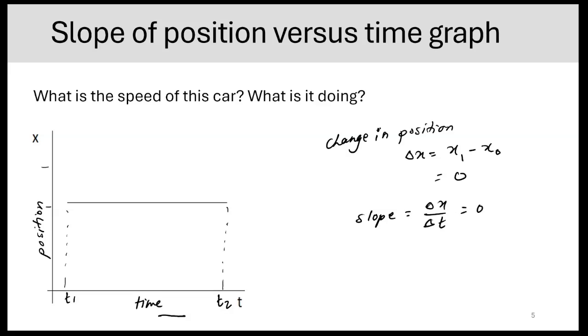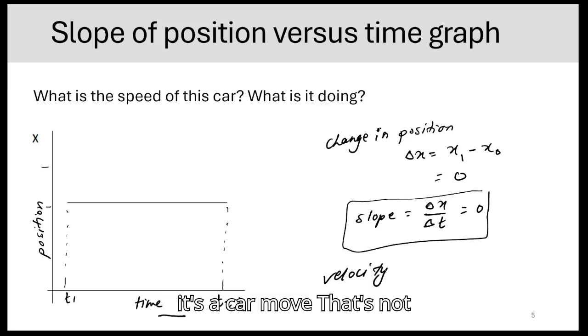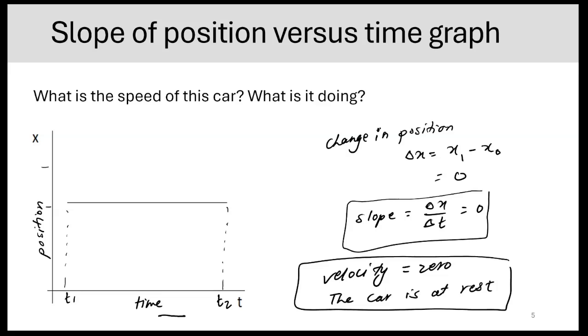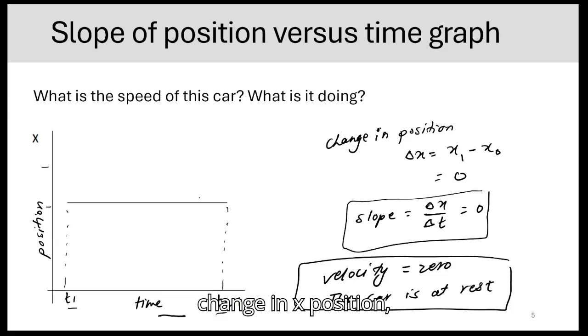A horizontal straight line shows us that the slope is 0, which basically means the car is not moving. So velocity is equal to 0, or we can say the car is at rest. Even though time passes, there is no change in x position, meaning the car is at rest.